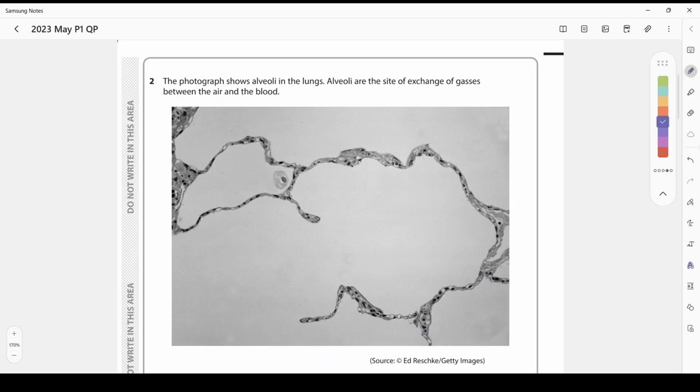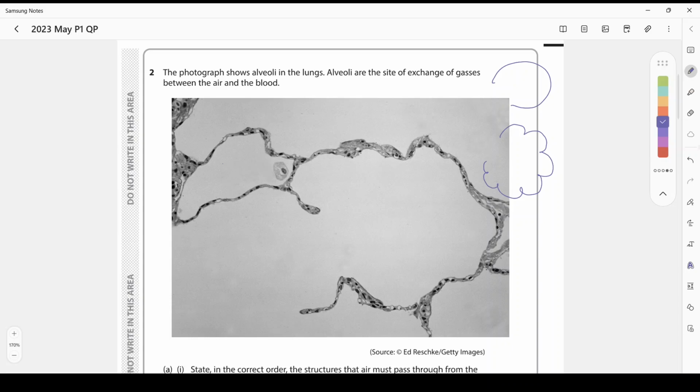Number 2, the alveoli has a very large surface area. So instead of having an alveoli that looks kind of spherical, you instead have an alveoli that sort of protrudes out like this, as you can see the diagram that I've just drawn. So that is important in order to increase the rate of diffusion of these gases.